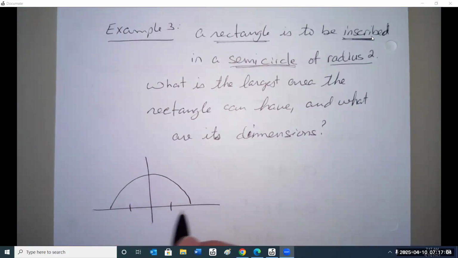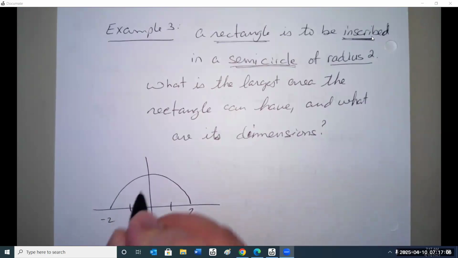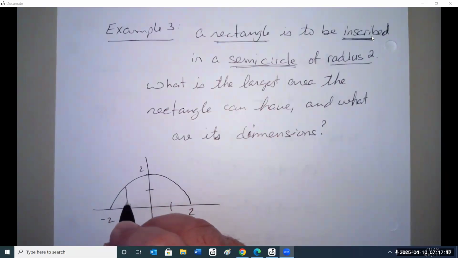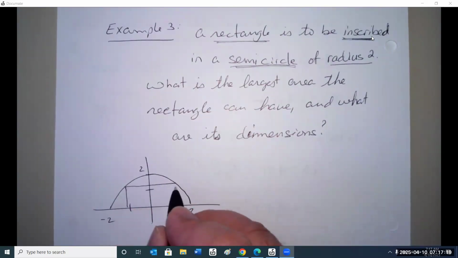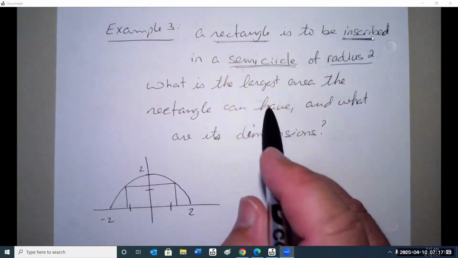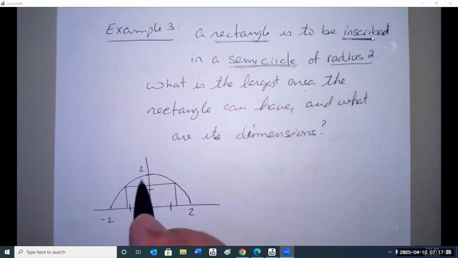Its radius is 2. Semi means half, so half a circle. And a rectangle is inscribed inside there. What is the largest area of the rectangle? So we're looking for the area of this rectangle.